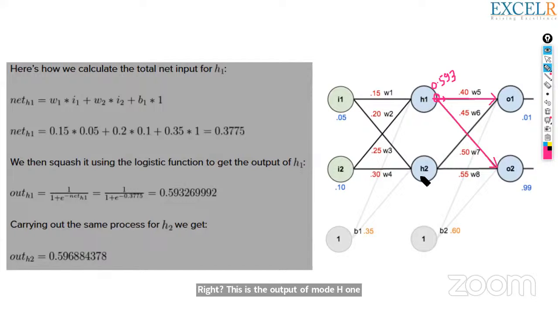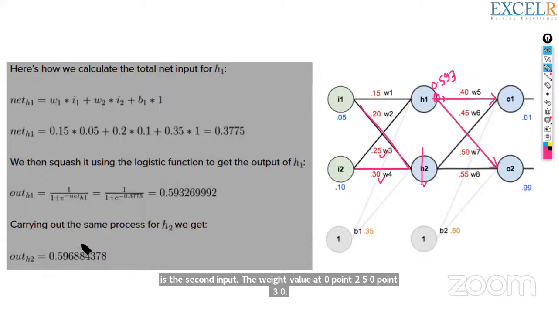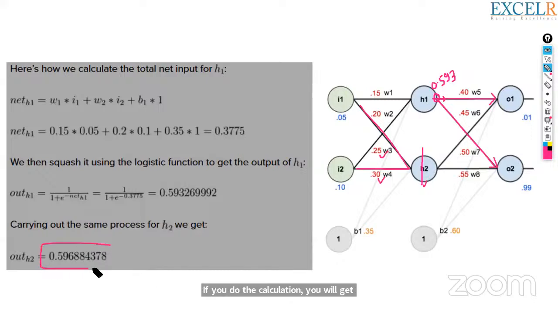And the same process, H2 will perform the adder function and activation function, right? So for node H2, this is the first input and this is the second input. The weight values are 0.25, 0.30. If you do the calculation, you will get the value as 0.596 as the final output value from node H2.